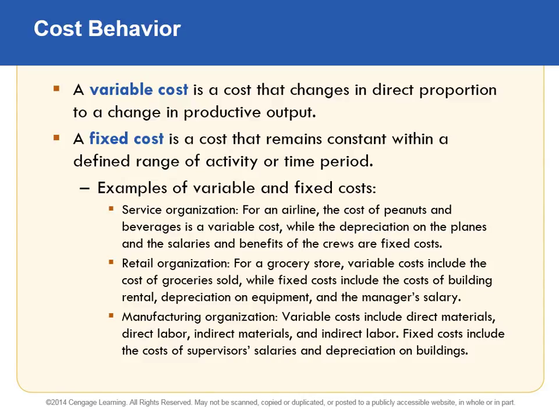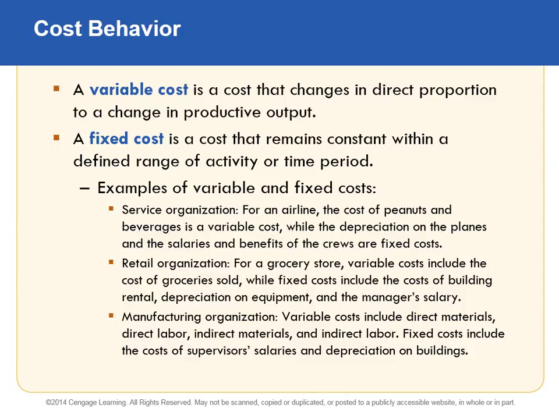In a retail organization like Walmart, for example, or a grocery store like yours, variable costs include the cost of groceries sold, while fixed costs include the cost of building rental, depreciation on equipment, and the manager's salary. Those are fixed costs.